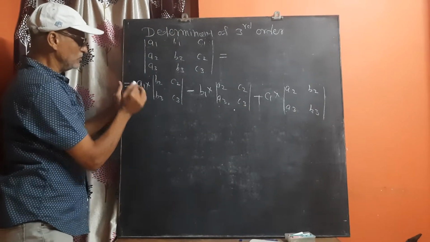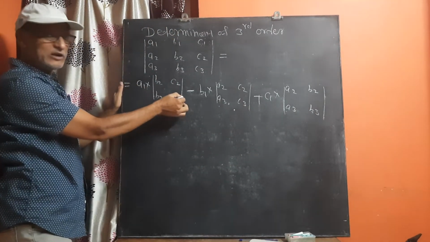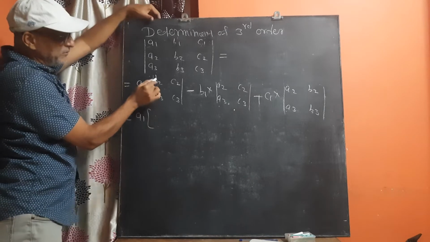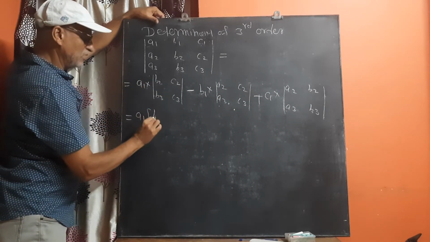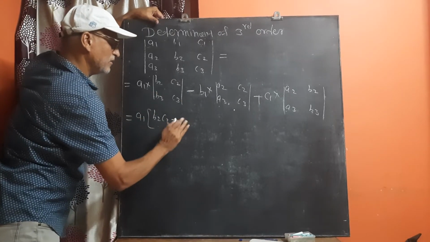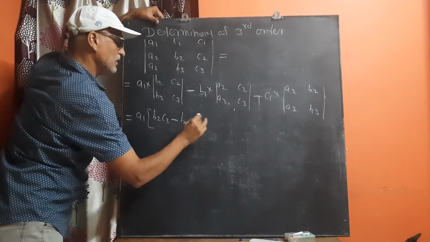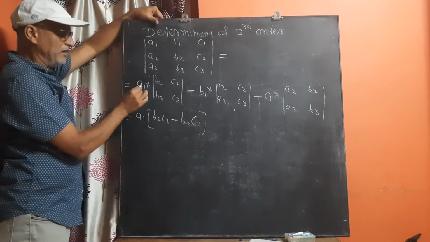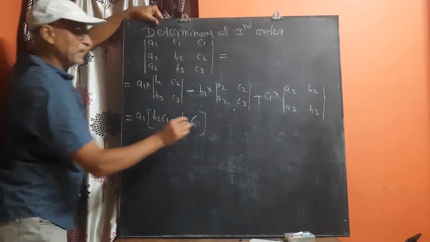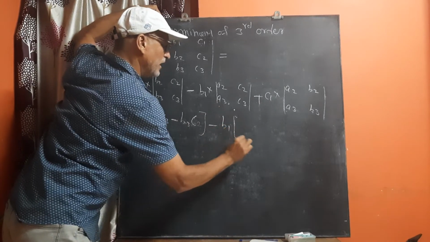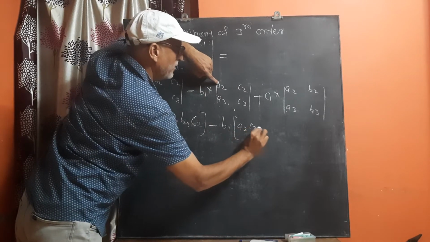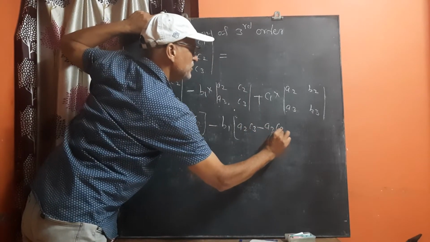Now this is equals to, simplify it. Now this is the simplification of 2 by 2 order determinant. So we get A1 into, in bracket, B2, C3 minus B3, C2, minus B1 into, again in bracket, A2, C3 minus A3, C2.